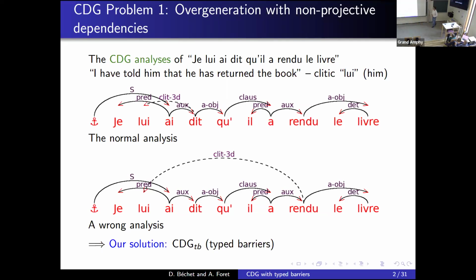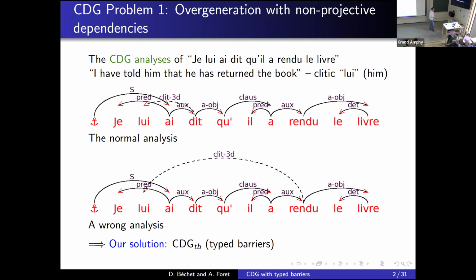Of course, we don't want those kinds of false analyses, because it's very strange to have this clitic very far away from the verb that corresponds to it. So what we want is to block the possibility of such a non-projective dependency somewhere between the verb "rendu" and the clitic.